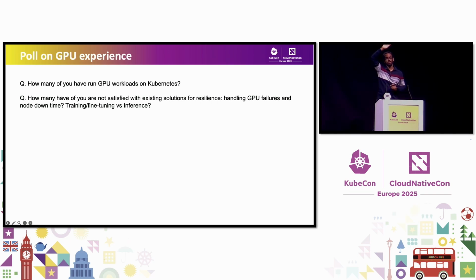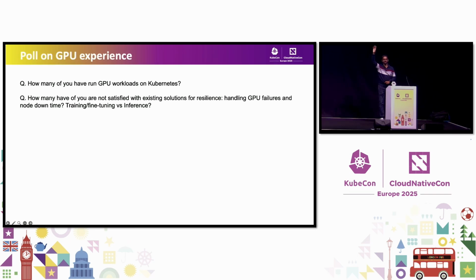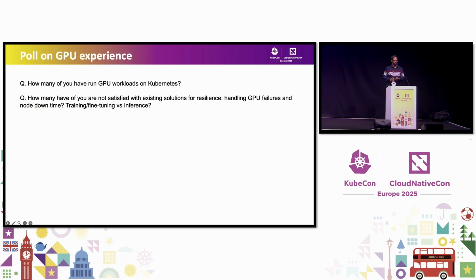And how many of you care about resilience more for training or fine-tuning? OK, that's about half of you. And what about for inference? All right, there's a good number, but fewer than for training. That's sort of the mix that I've heard from conversations with folks too.